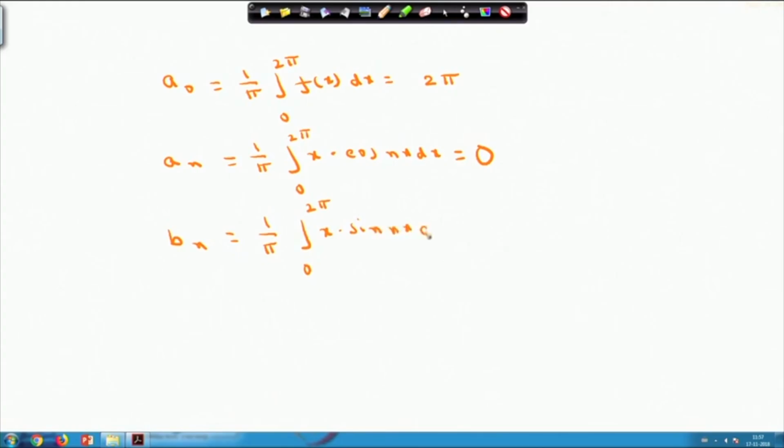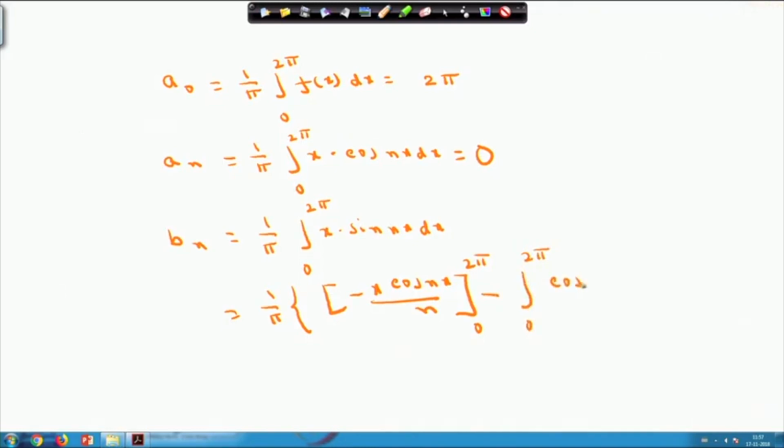sin n x dx. So, this I can write down as 1 by pi into minus x cos n x by n, 0 to 2 pi, by integration by parts, and we can write down minus integral 0 to 2 pi of cos n x by n into dx.